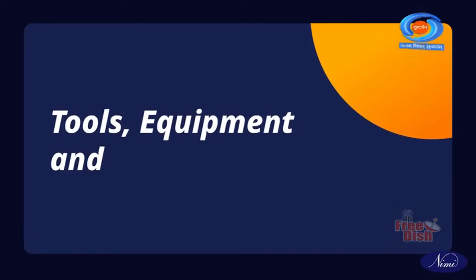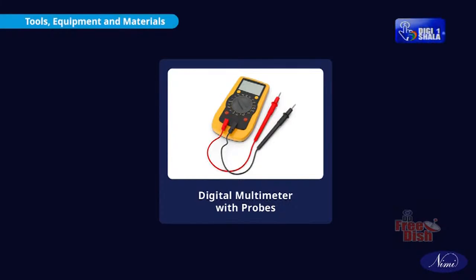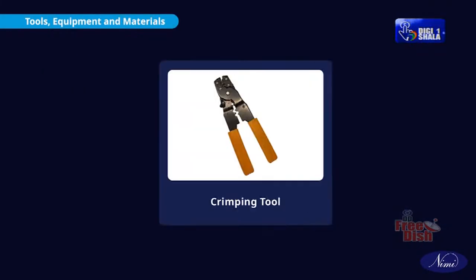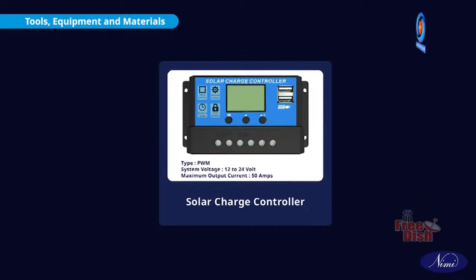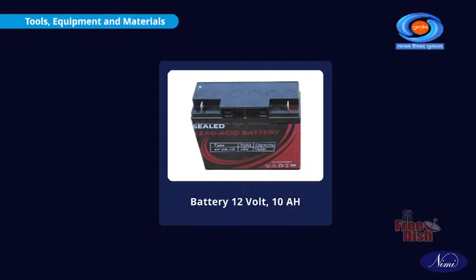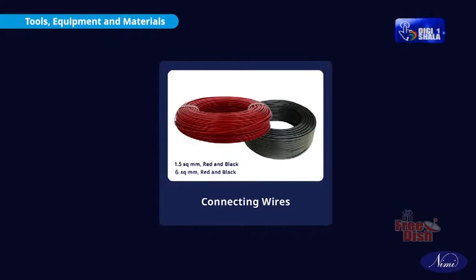Let us collect all the tools, equipment and materials required to do this practical. Digital multimeter with probes, trainee's toolkit, crimping tool, power inverter with user manual, output power 300 watts, input 12 volt DC, output 220 volt AC, solar charge controller, type PWM, system voltage 12 to 24 volt, maximum output current 50 amps, battery 12 volt 10 ampere hour, cartridge fuse 1 amp, connecting wires 1.5 square mm and 6 square mm as required.